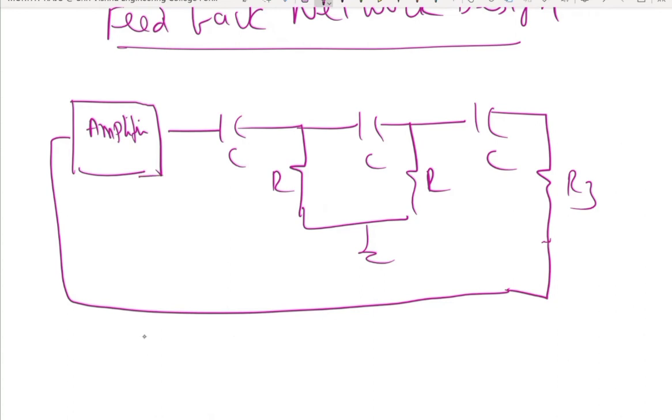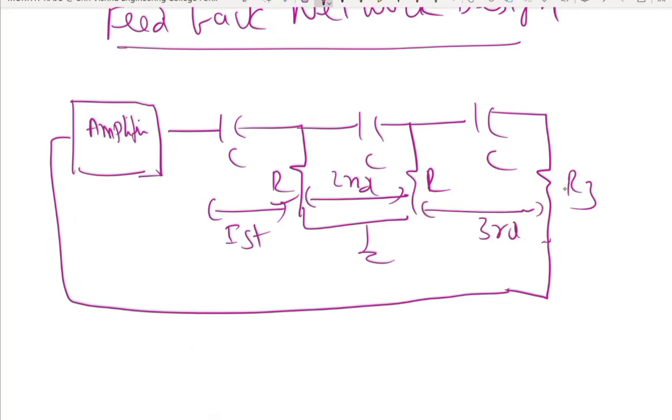Okay. Here we use three sections. First RC section, second RC section, this one is a third CR section. The CR section consists of R3.